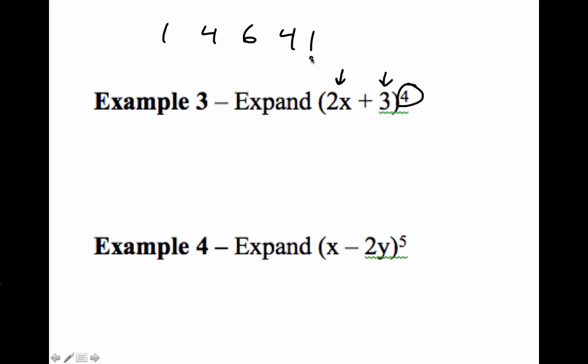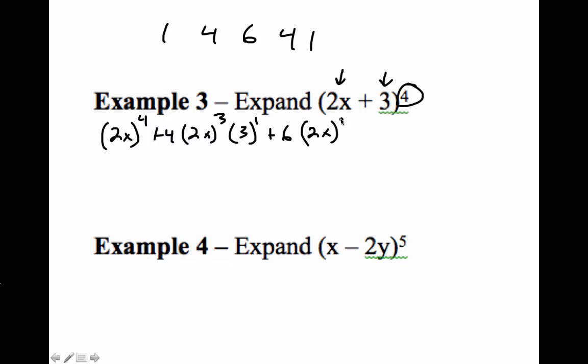So there's your coefficients. So I know I'm going to start with 1, and then it's first term to the fourth plus 4 first term to the third second term to the first plus 6 first term to the second second term to the second, and then plus 4 first term to the 1 second term to the third, and then finally the second term to the fourth.